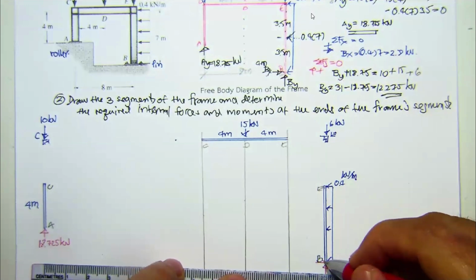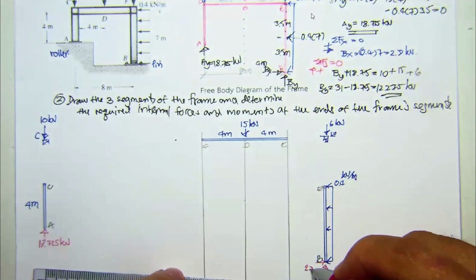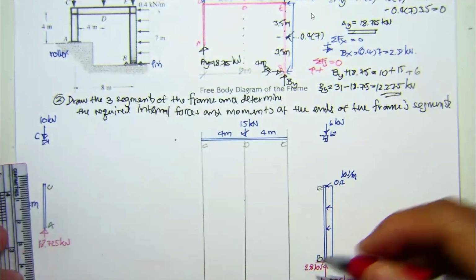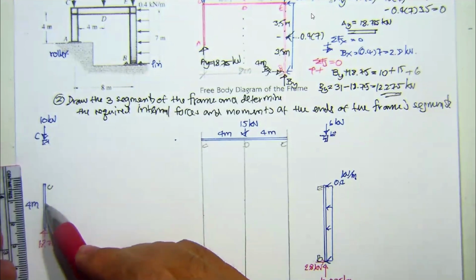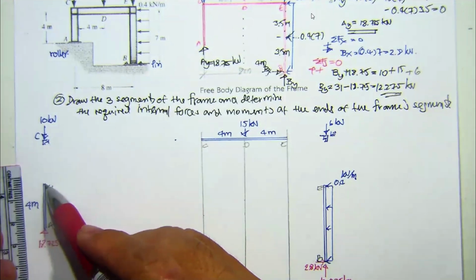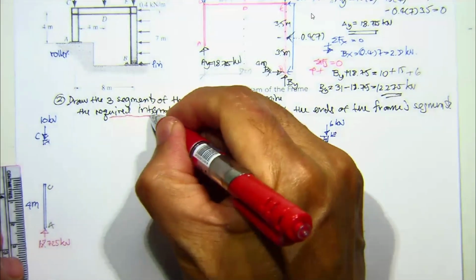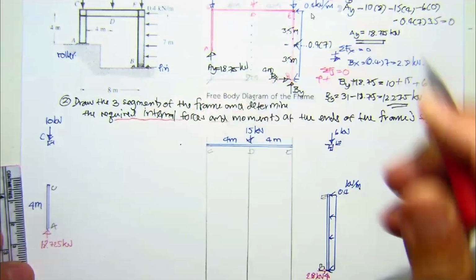That's gonna be 42.8 kilonewton. The reactions will be used to compute the required forces and moment given over here.